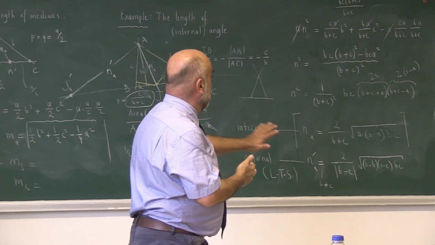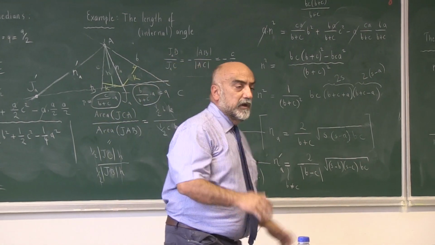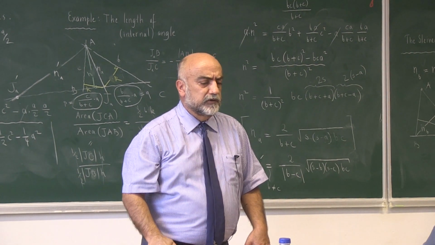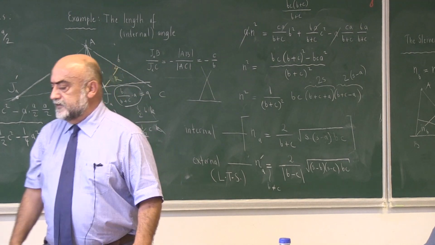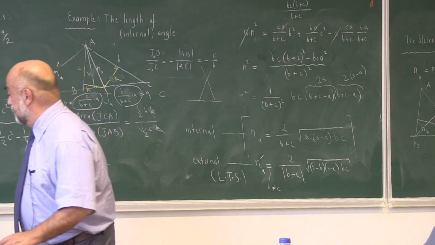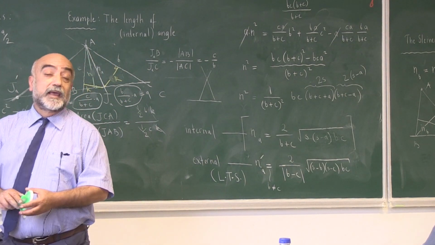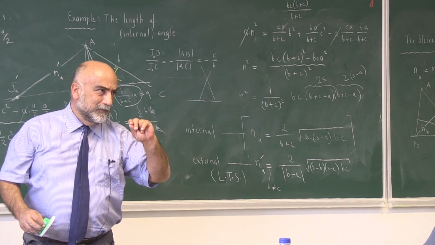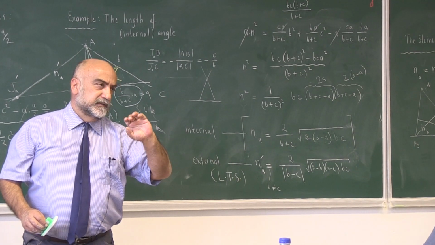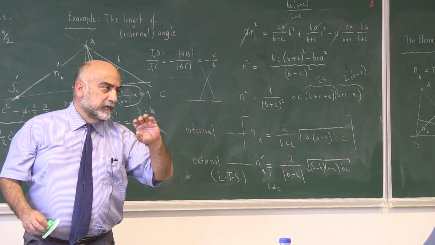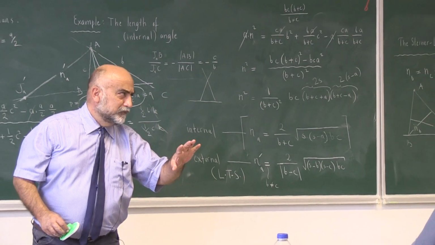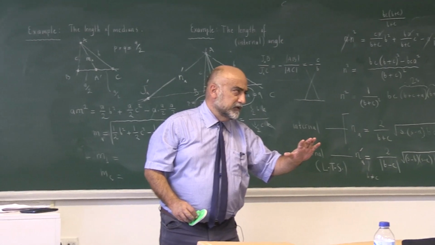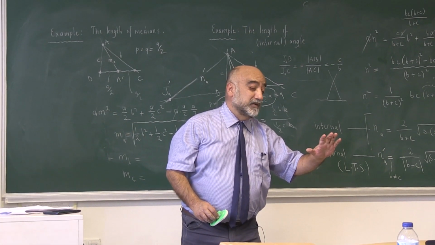I can now erase the left-hand side of the blackboard. Now I would like to give you one final, the fourth application of the cosine rule. This is yet another elementary problem of the 20th century, just like Morley's problem, which baffled the mathematical community because it was elementary, yet could not be solved by many professional mathematicians for 20, 30 years, I think.